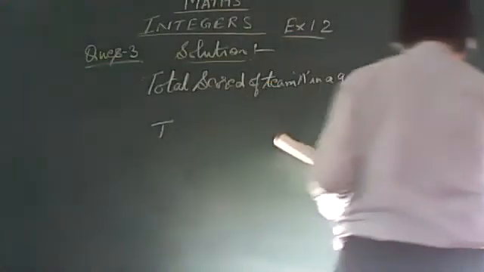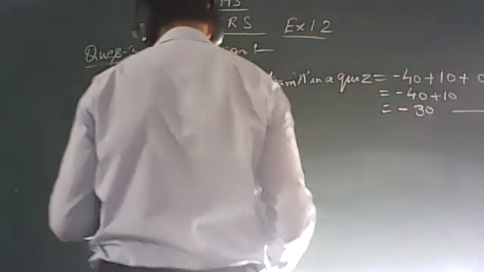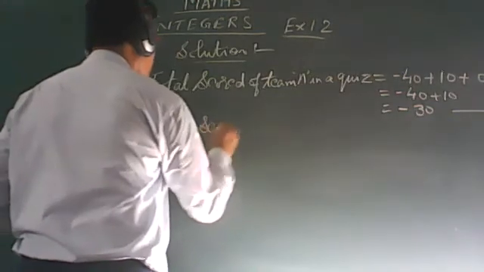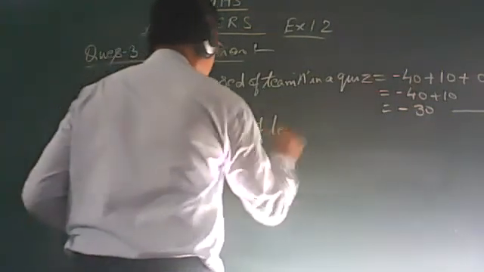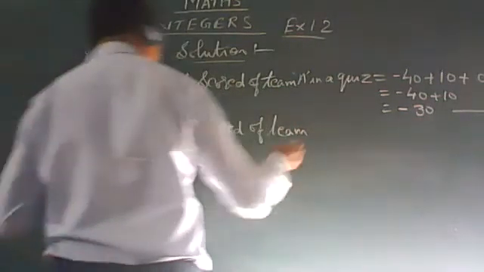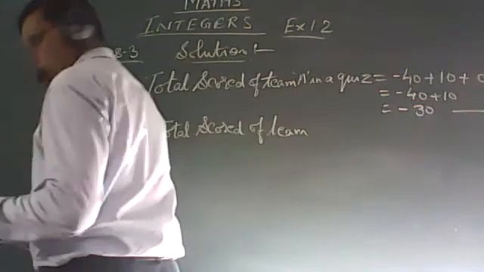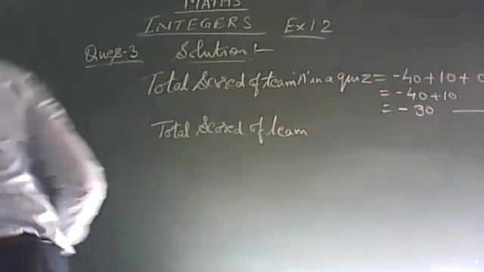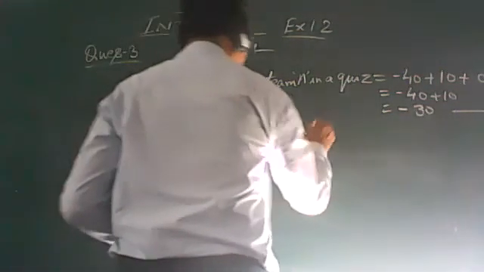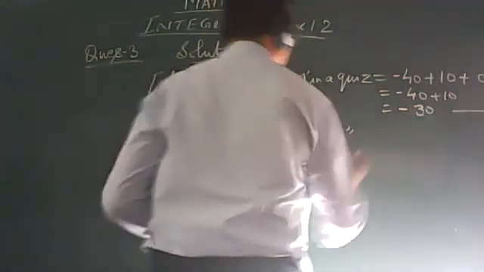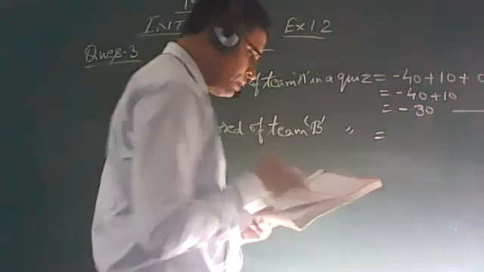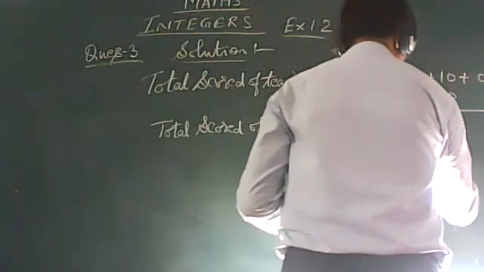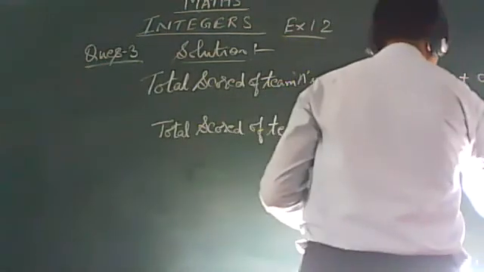This is my first equation. Now again, the total score of team B in a quiz equals: we add all the three successive rounds' scores, 10 plus 0 plus minus 40.